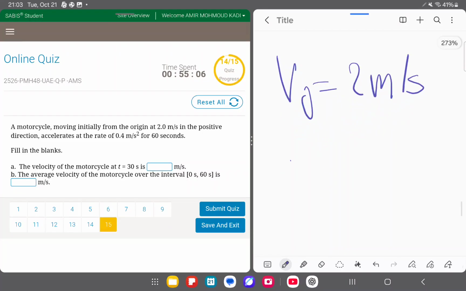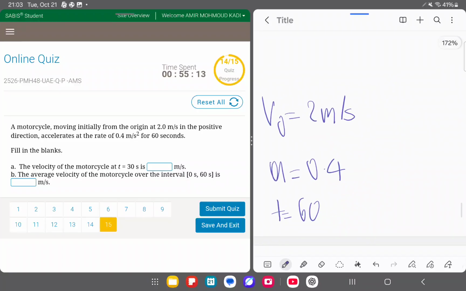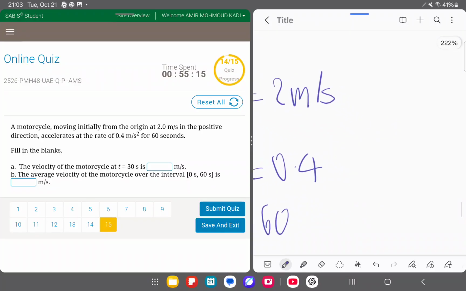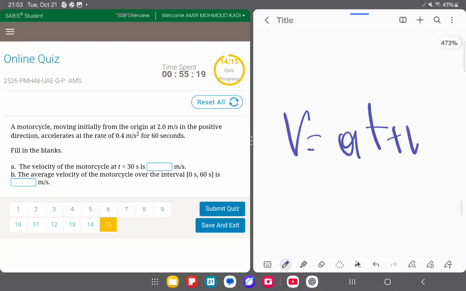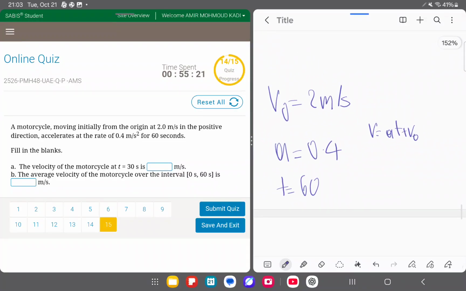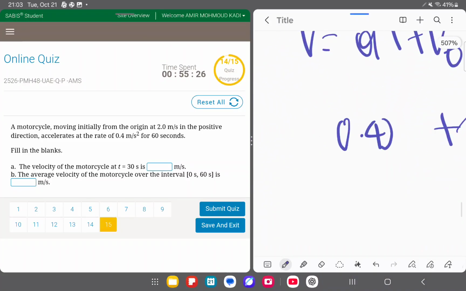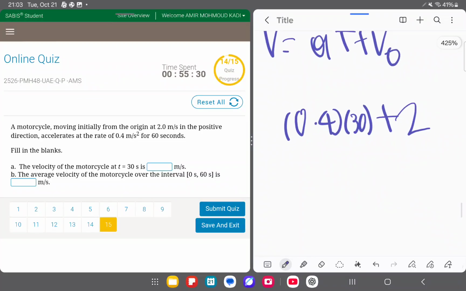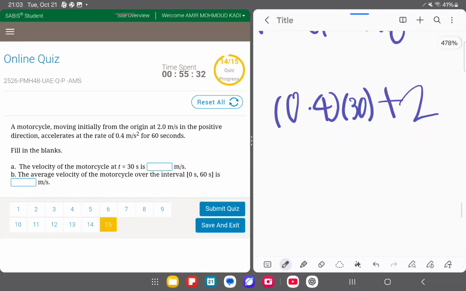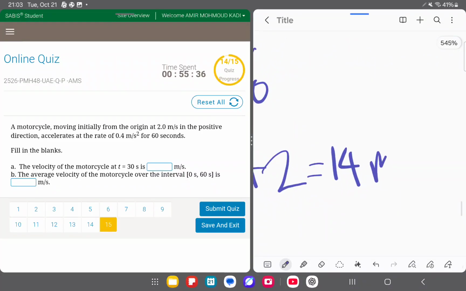It accelerates, so A is equal to 0.4, for 60 seconds, so T is 60. The velocity of the motorcycle at T equals 30: we use the formula V is equal to AT plus V0, and we can use the V0 this time, so 2 plus 0.4 times 30. 0.4 times 30 is 12, and 12 plus 2 is equal to 14, so 14 meters per second.